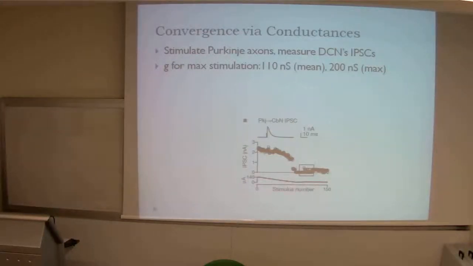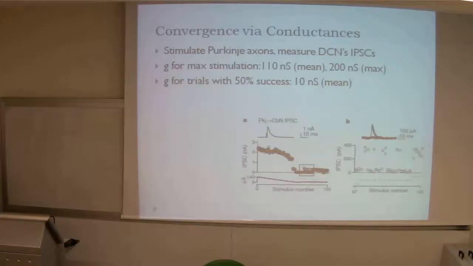So they find the conductance for the cell for this maximum stimulation, and then they make the amount of current they're injecting smaller and smaller, and the goal is to get to what you see on the left. That half the time you're getting a response, and half the time you're getting no response. Like quantal release, 50% success, and at that point, if you look at the stimulus, it's around, I think, 15 to 20 microamps, and then they try to find the conductance for that, and they say that that's around 10 nanosiemens on average.